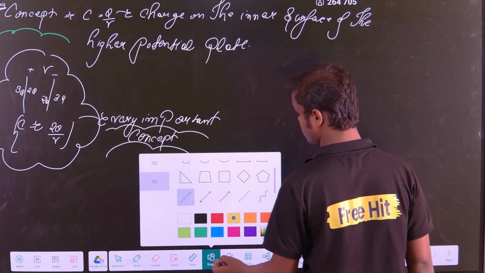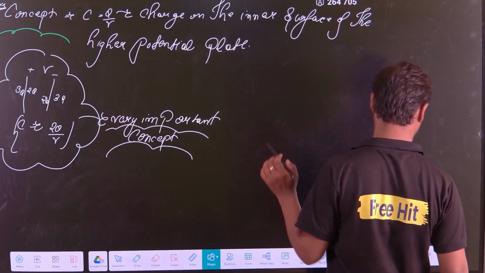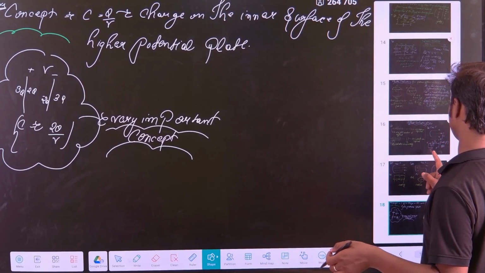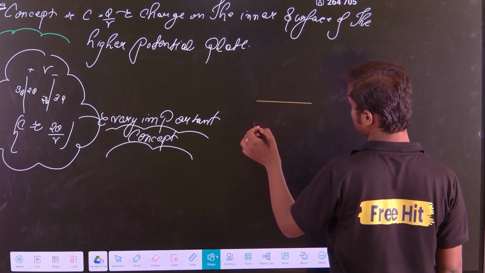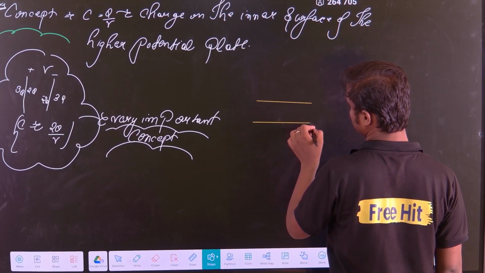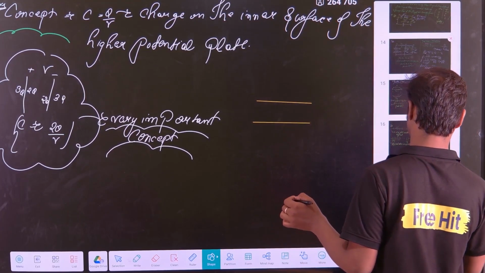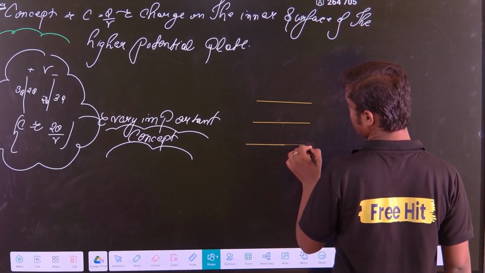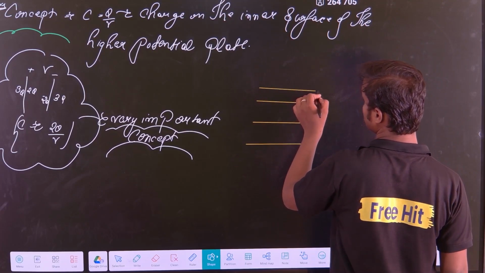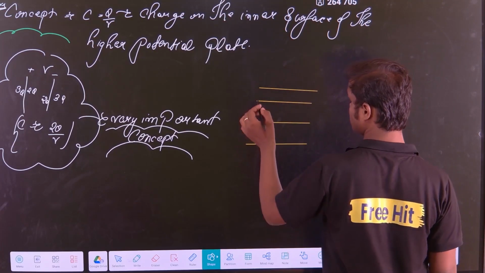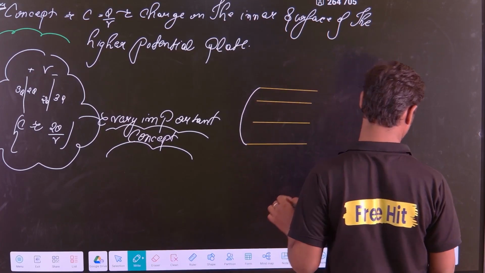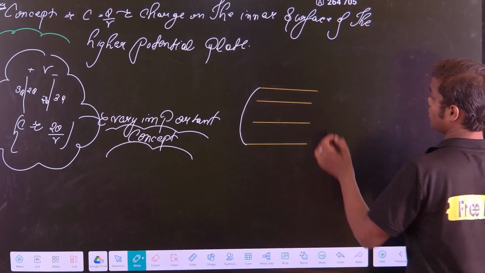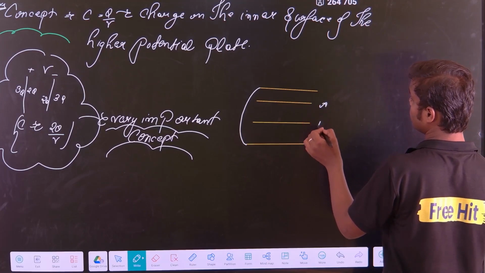Now, why have I told you this? Simple. Let me take one example which we have taken. If you remember, I have taken one example here, in which we connected these two surfaces, and this is at potential V AB.